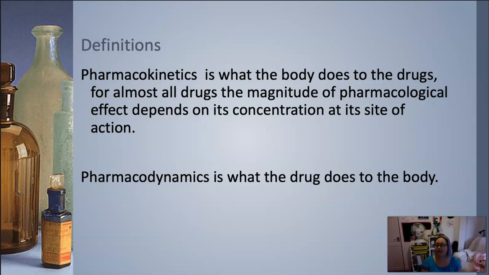So why have we taken this medication in the first place? Is it that we've taken a painkiller because we've got pain, and this medication is now going to affect the pain sensors and neurotransmitter sites within the nervous system? Or are we taking insulin because our body doesn't respond to insulin in the correct manner? So pharmacodynamics is related to what the drug does to the body.